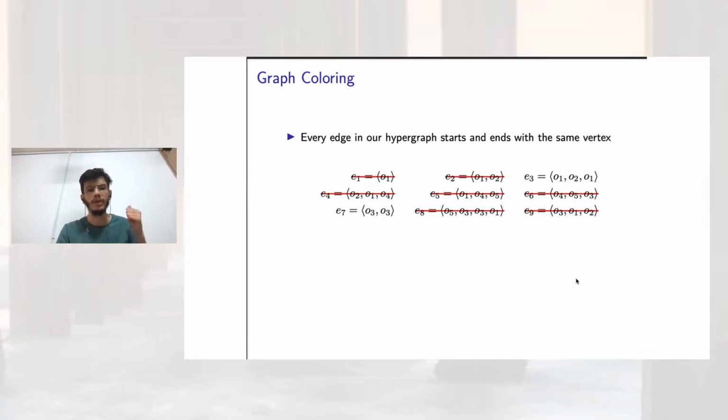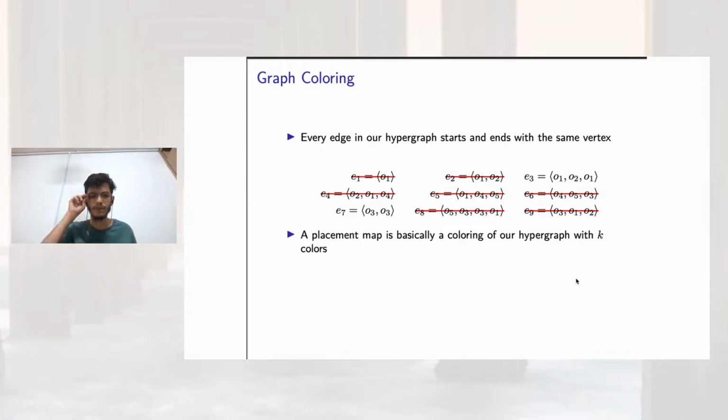Graph coloring. Every edge in our hypergraph starts and ends with the same vertex. A placement map is basically a coloring of this hypergraph with k colors. Remember that k is the number of cache lines.